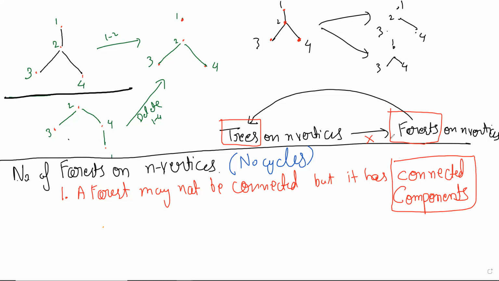In any forest you take, whatever number of vertices you take, you don't want to form a cycle. Now, if your graph is not connected, then it will be broken up into pieces that are connected. It could be like this. So there are two pieces, two connected components.